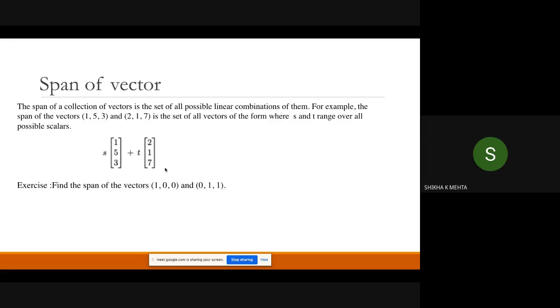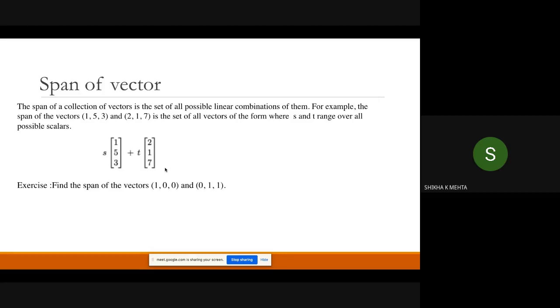When we are talking about the linear combination, a related term that we come across is the span of the vectors. The span of vectors is the set of all possible linear combinations. Whatever linear combinations are possible for any two vectors, we call them the span of the two vectors, or you can say the range of possible scalars used to compute the combination of the vectors.